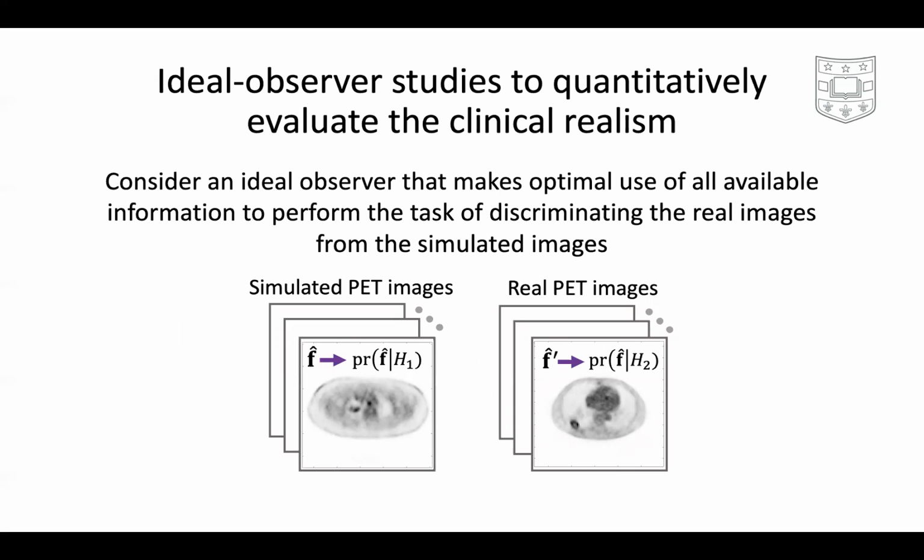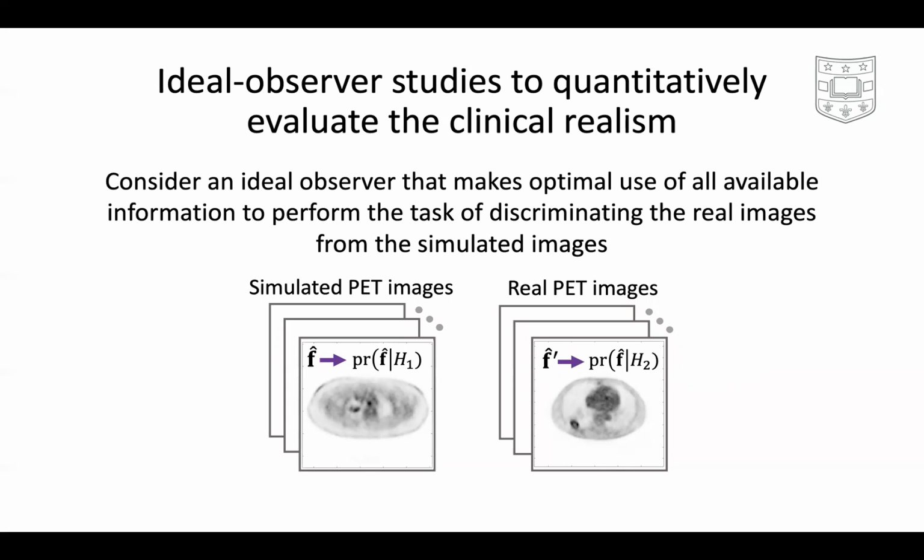Let us consider an ideal observer that makes optimal use of all available information to perform the task of discriminating the real images from the simulated images. Let us denote the simulated PET images by f hat and denote the real PET images by f hat prime.